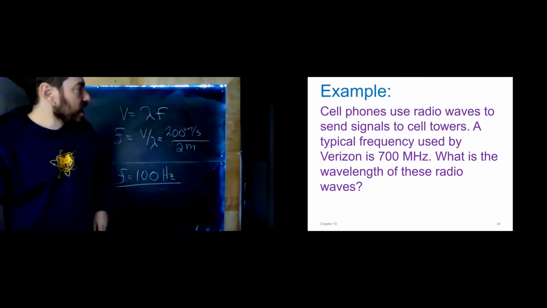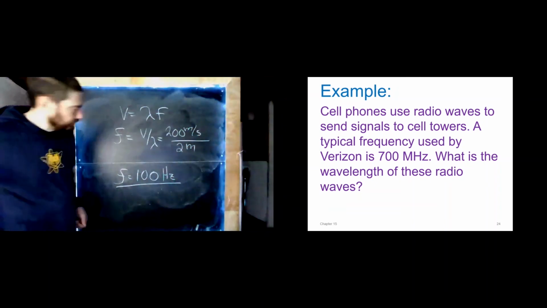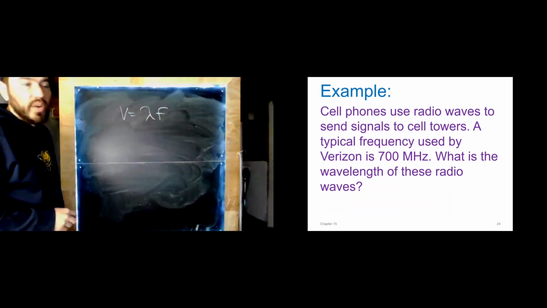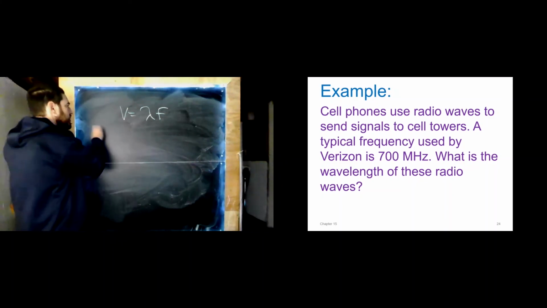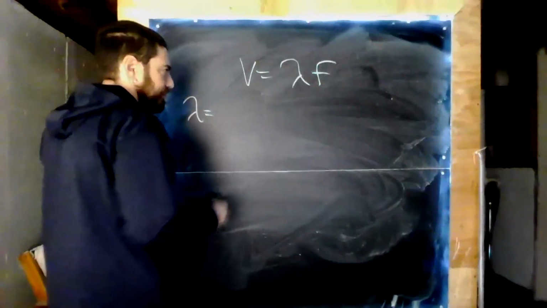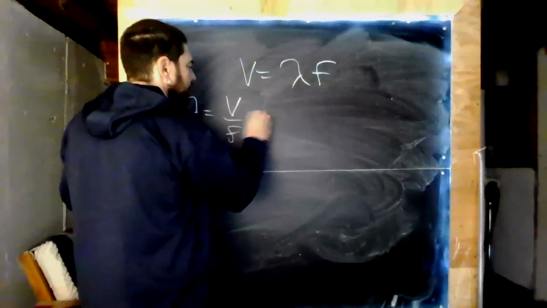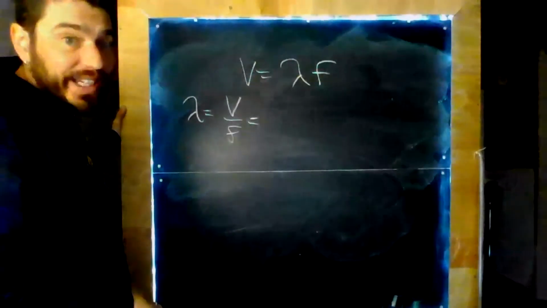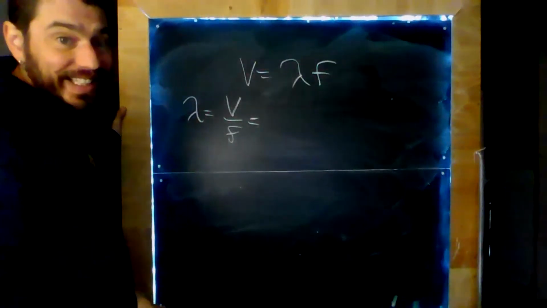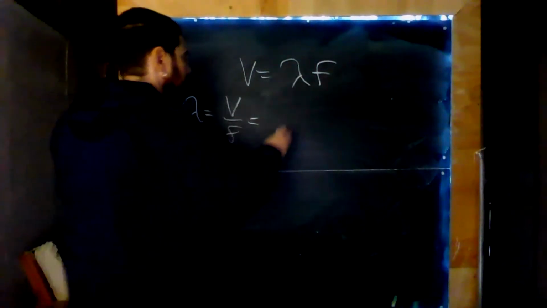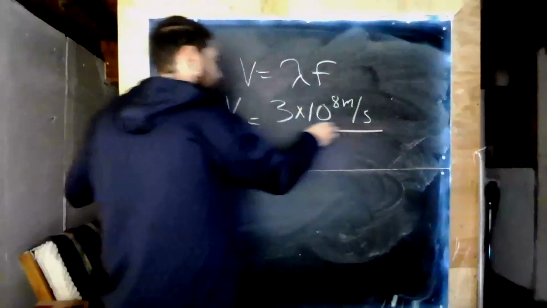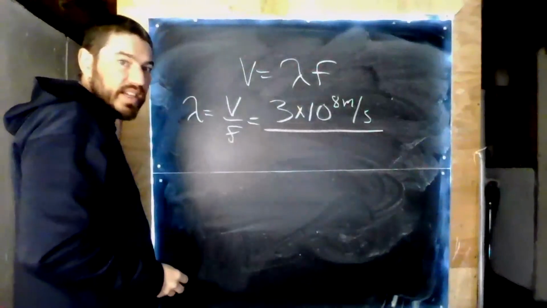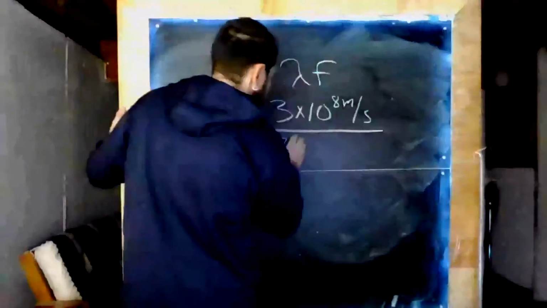Well, let's just see. We're going to use this equation again. In this case, we're looking for wavelength. So solving this for wavelength, we get v over f. Well, what is v? In this case, we're talking about radio waves, which are electromagnetic waves, which travel at the speed of light. Divided by the frequency, that's given in the problem.